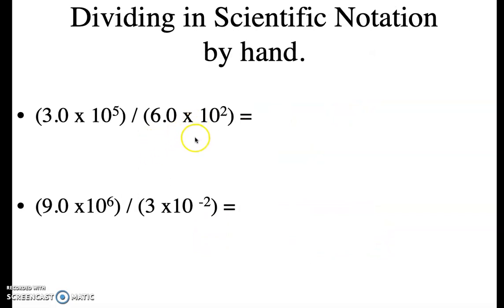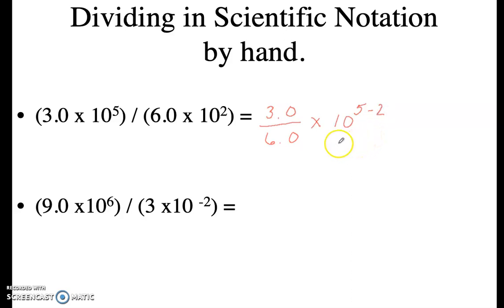Okay, let's look at dividing here. Now you have your one number here and your second number here. You're going to divide the two. So you have 3 times 10 to the 5th, 6 times 10 to the 2nd. So we're going to have 3.0 divided by 6.0 times 10 raised to 5 minus 2.